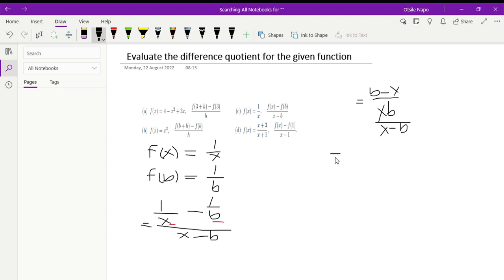So now we have this multiplied by this, but it looks quite complicated, so we'll try to make it simple. So we have b minus x divided by xb.